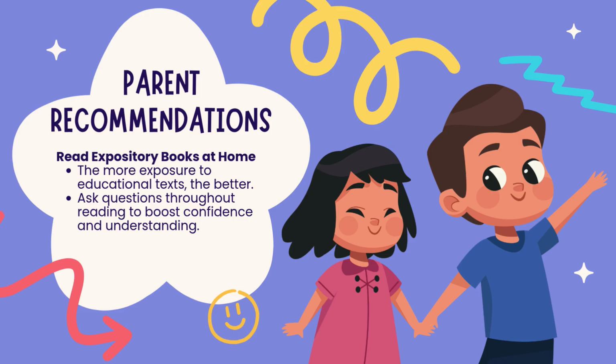Therefore, there's not a lot of desire to learn and to connect with these texts. So I think a big thing that our parents can do is to expose the students to educational texts while they're at home. It's a safe place. It's a place they want to be. It's a place they feel comfortable, but give them the opportunity to see these same sorts of texts in order for them to get more comfortable with them.